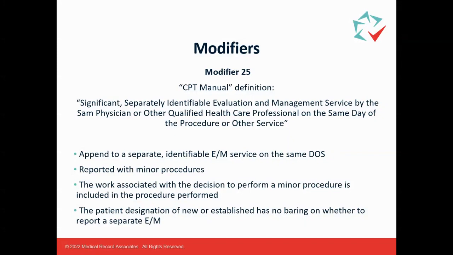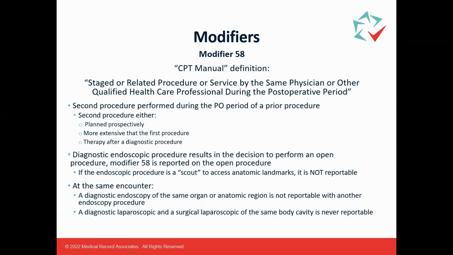The work associated with the decision to perform that minor procedure is included in the procedure that's performed. So with a major procedure, you kind of get credit for that decision to perform it, but not with minor procedures. The patient designation of new or established has no bearing on whether to report a separate E&M. So do keep that in mind.